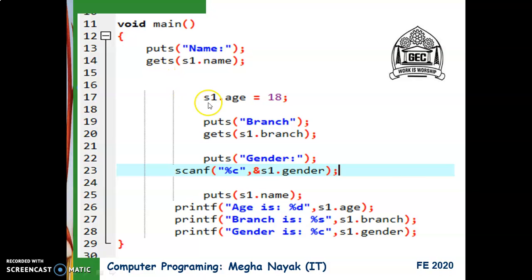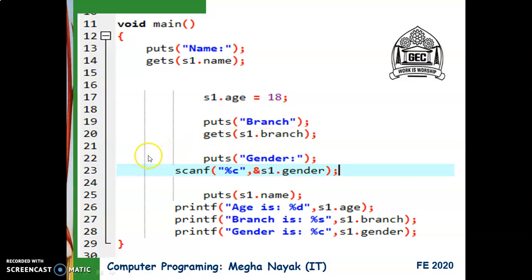Similarly, over here I have taken a value for age by accessing S1.age. Similarly, I have accessed the branch member by saying S1.branch. Now S1 is my structure variable, dot branch. If I had to do the same thing for the second student, then I would have to say S2.branch.